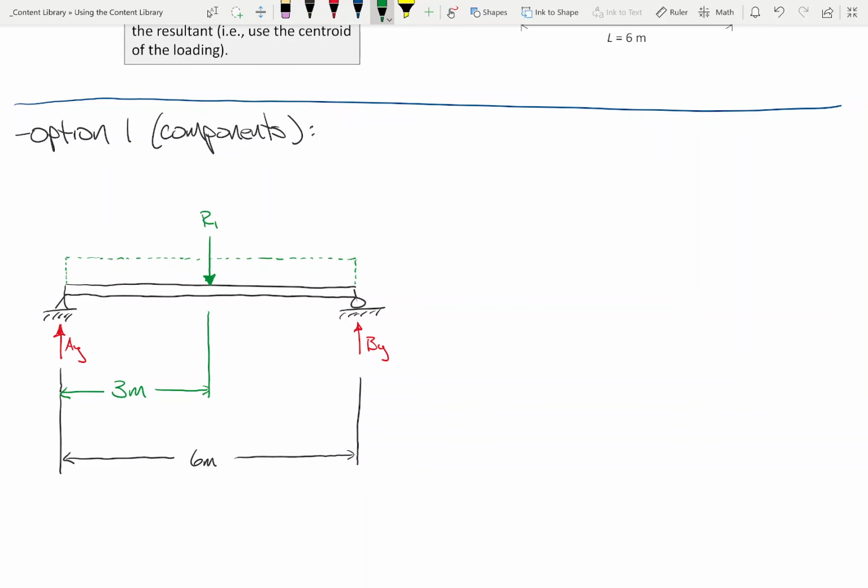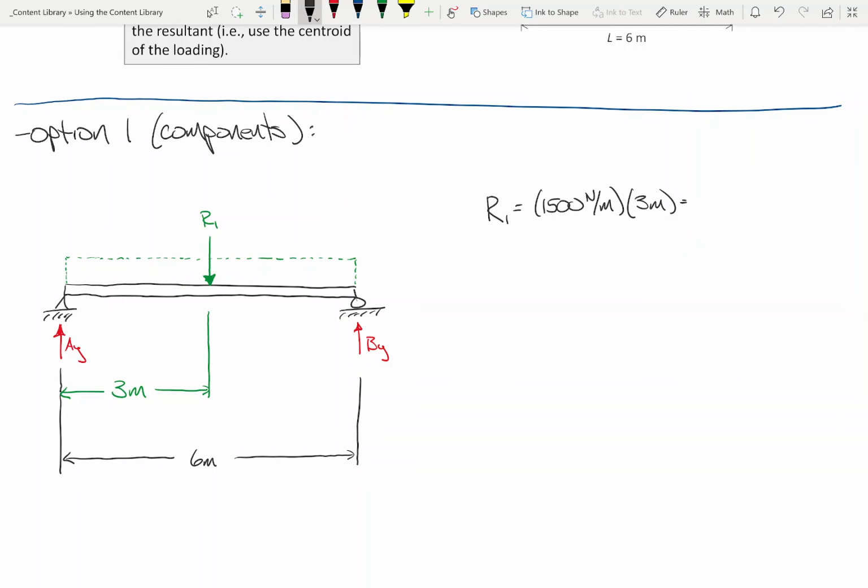So how do I compute R1? Again, I'm going to compute R1 like it's an area. The magnitude of this force is just that, the magnitude of the force. And what I'm saying is I have 1,500 newtons per meter acting over a distance of 3 meters.